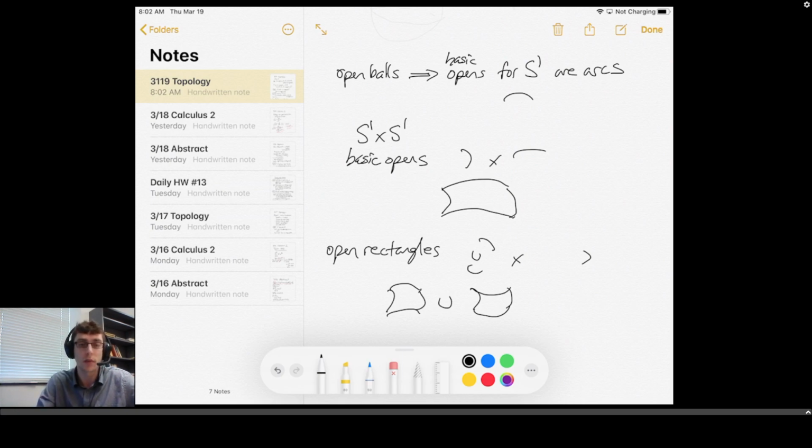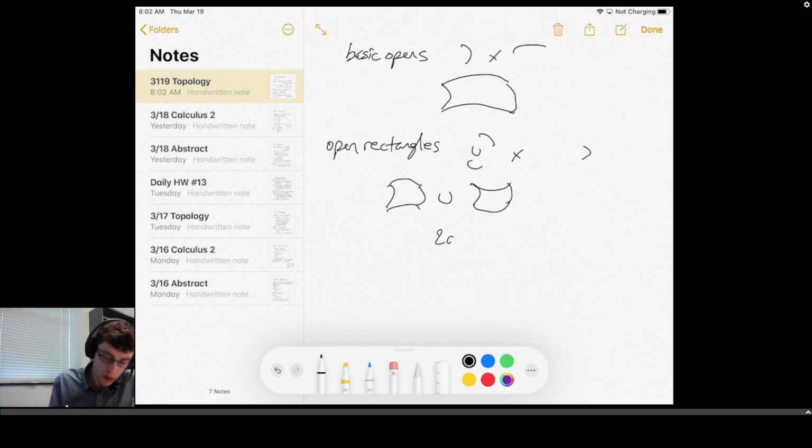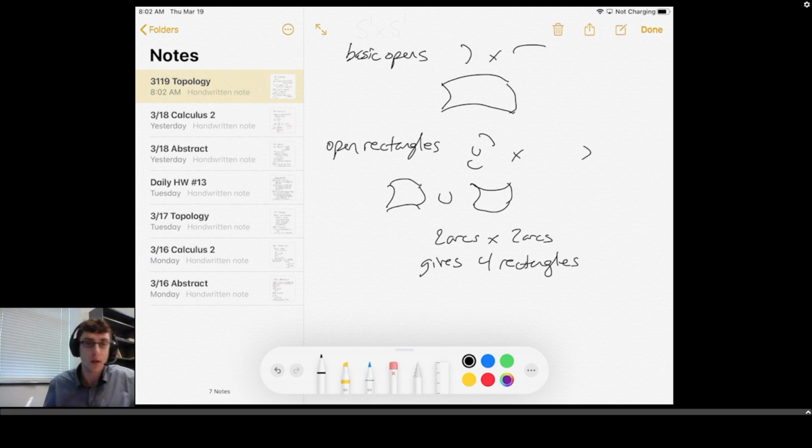And again, it's hollow, right? Two arcs cross two arcs would just give you four rectangles. It'd be the four possible combinations, basically.